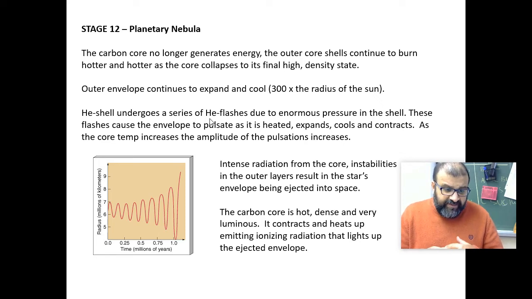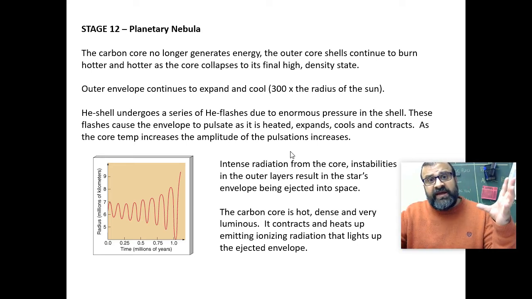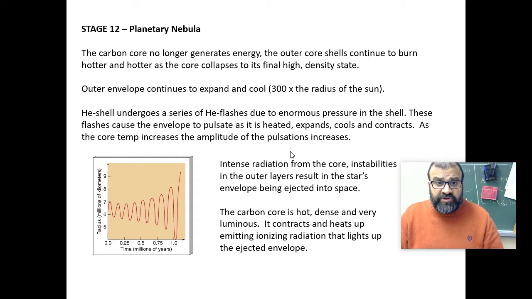You don't really need to worry about the mechanics of it, but we have these explosive releases of energy. So we get multiple helium flashes, and this makes the outer layer of the star pulsate. With each flash, it will get hotter, expand, and then it will cool and contract. Then the next flash, it will get hotter, expand, cool and contract.